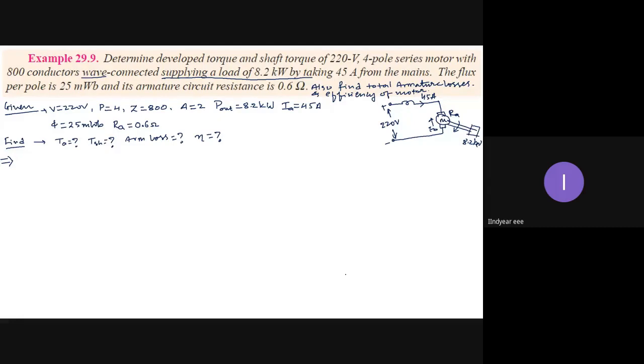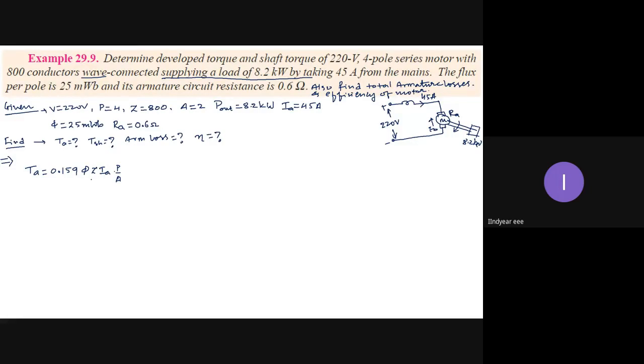Coming back here, TA I can find out directly. First torque, TA is equal to, write the equation, 0.159 Z IA into P by A. Now check whether everything is there in the RHS of the equation. It is there.